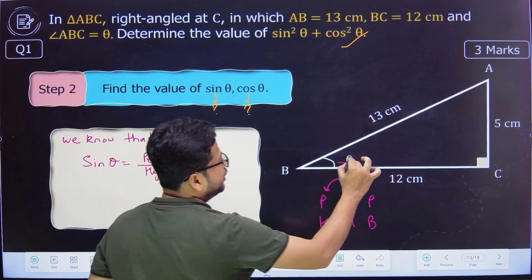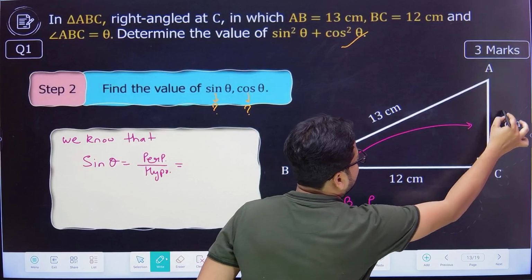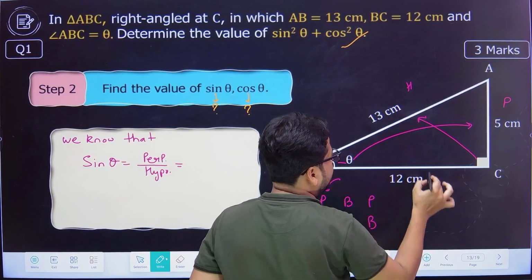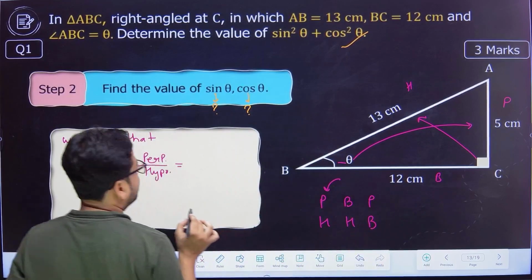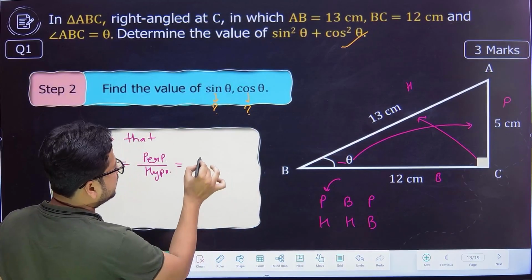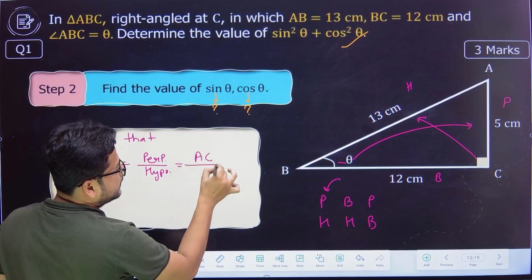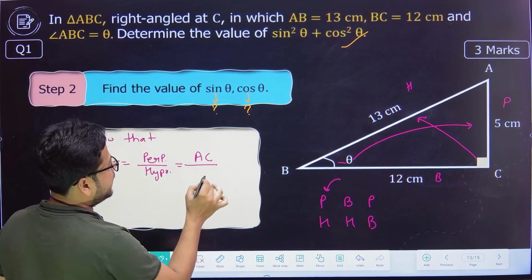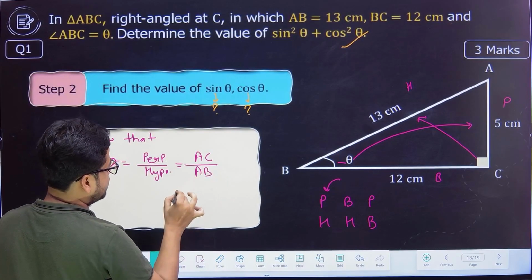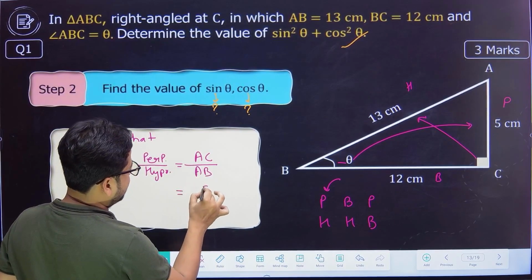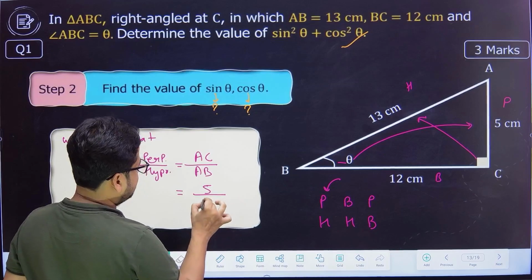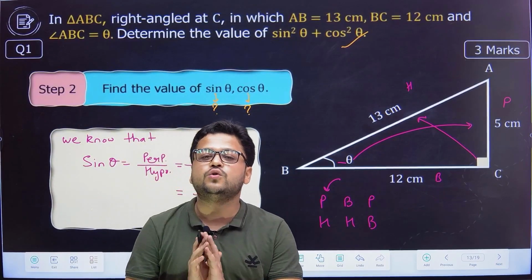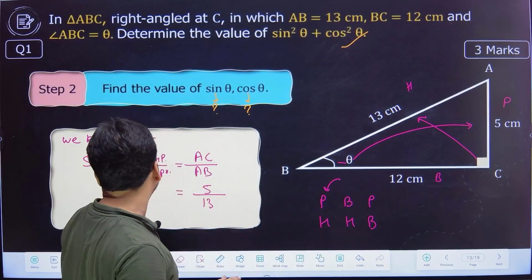The side opposite to this angle is called perpendicular. The side opposite to 90 degree is hypotenuse, and the remaining one is base. So perpendicular is 5 centimeter, or you can say AC, and hypotenuse is AB. AC by AB. AC is 5, AB is 13. 5 upon 13. And students, these are ratios, so these are unitless, right? 5 upon 13 is sin theta.